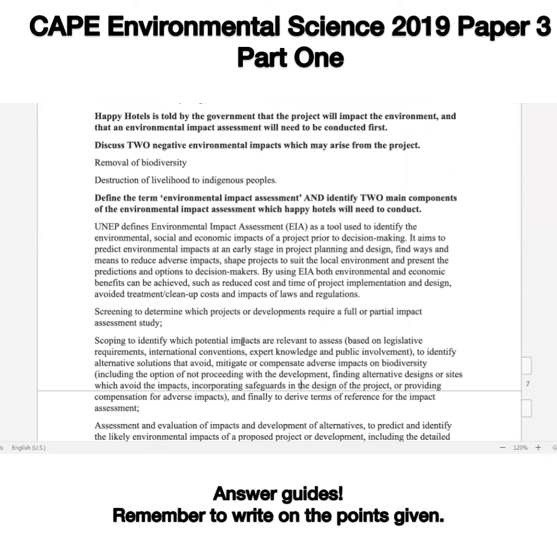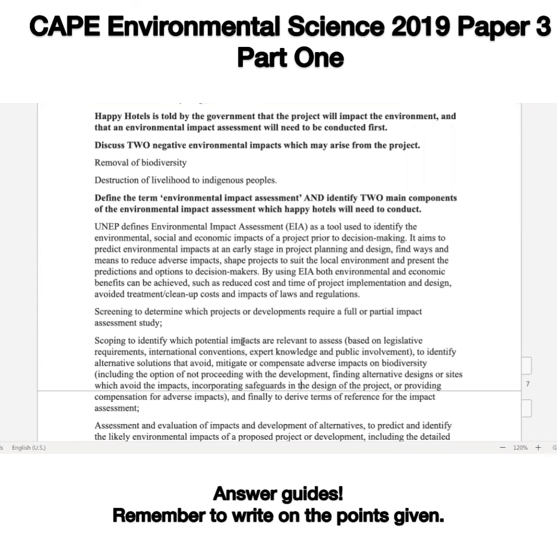The UNEP defines environmental impact assessment as a tool used to identify the environmental, social, and economic impacts of a project prior to decision making.